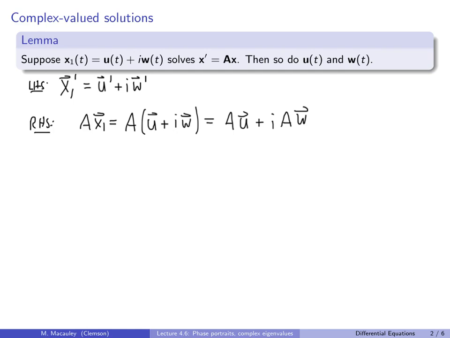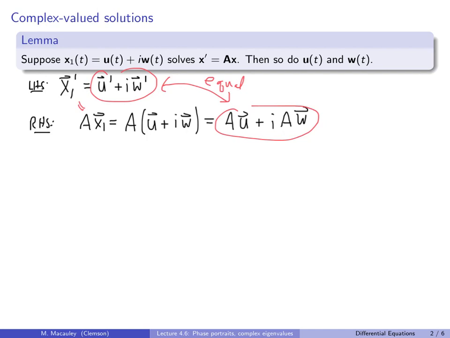Because x1 solves this equation, x1 prime equals A x1. So these things have to be equal, which means that this has to be equal to that. Let me circle that. Again, we're assuming that u and w are real valued.